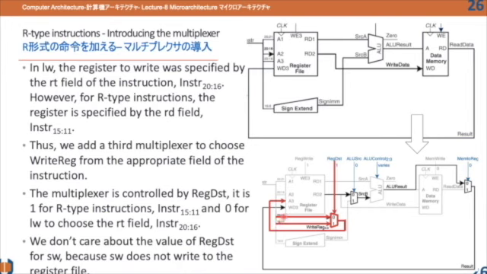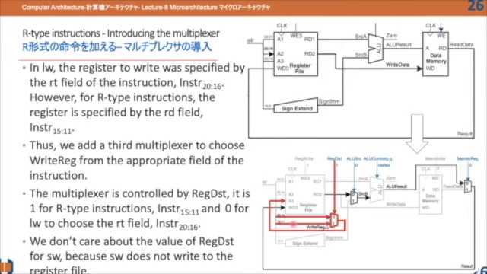that selects either RT or RD. In case of RT, in load word instruction, the bit sequence is 20 to 16. And in case of RD, in the R-type instruction, the bit sequence will be 15 to 11, where you need to write the result, the ALU result, right?